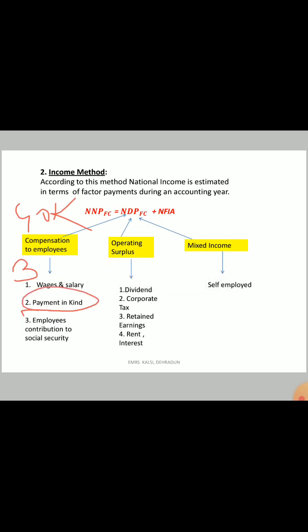So if I'm getting 30,000 in my bank account, then 5,000 will be given as payment in kind. The rent free apartment, medical facilities for me and my family, petrol expenses, or traveling expense are all included in the salary.